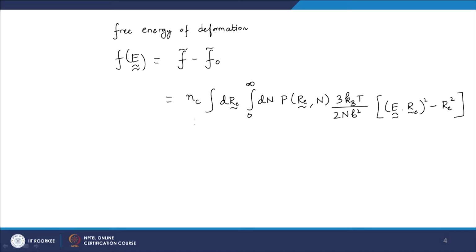So, now we have a clear motivation that why for polymer networks we can write the free energy of deformation as a function of the deformation gradient tensor.